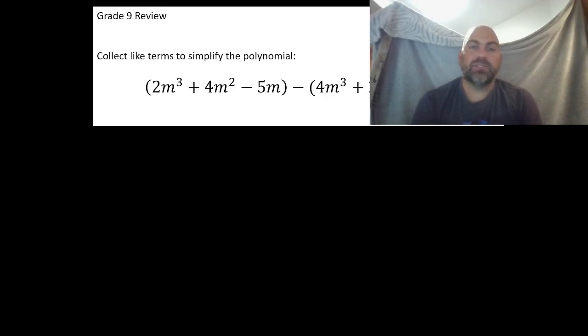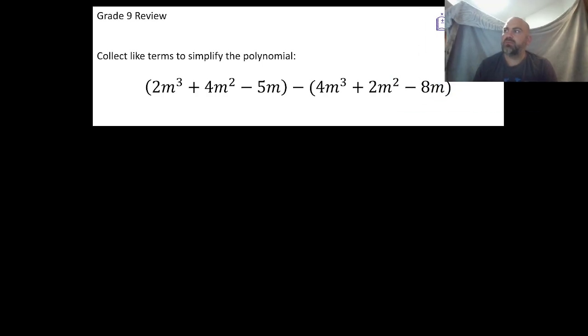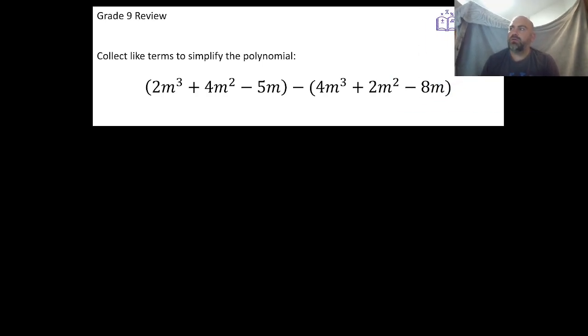Okay, collect like terms, simplified polynomial. This one's a bit different. We have subtraction. So we're going to take everything in the first one and then put them into the second one. Now, when we collect these together, we have 2m cubed minus 4m cubed, which is going to be negative 2m cubed.